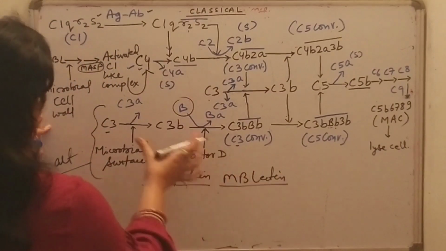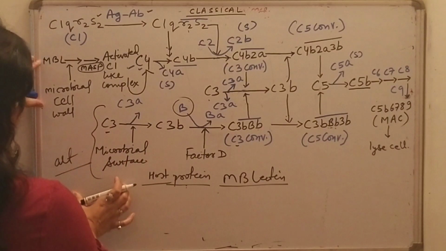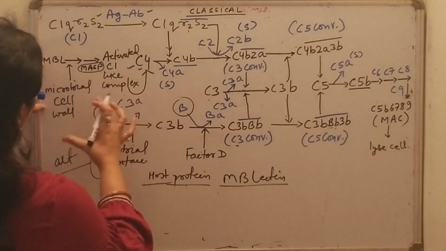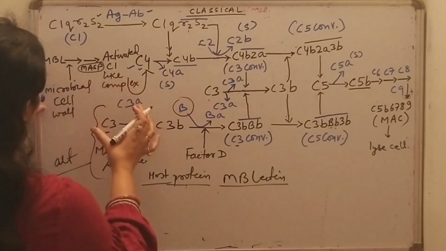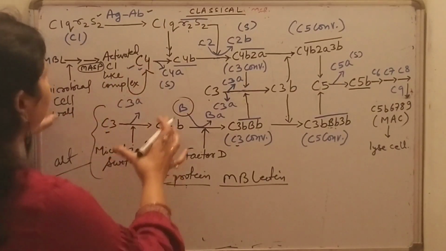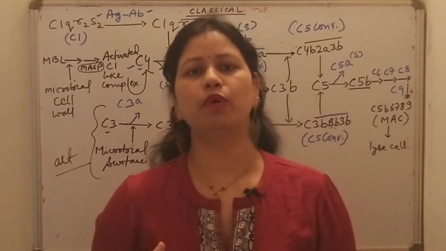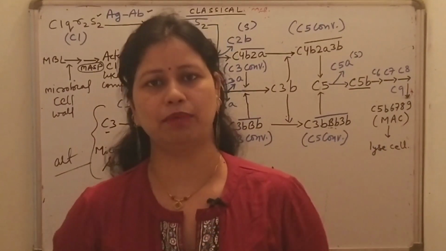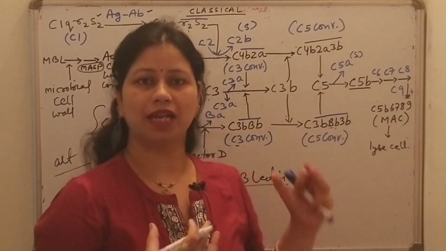Like the alternative pathway, the lectin pathway does not depend upon antibody for its activation. But the mechanism is more similar to the classical pathway. This pathway does not require antibody, just like the alternative pathway, but all its mechanisms are almost similar to the classical pathway.